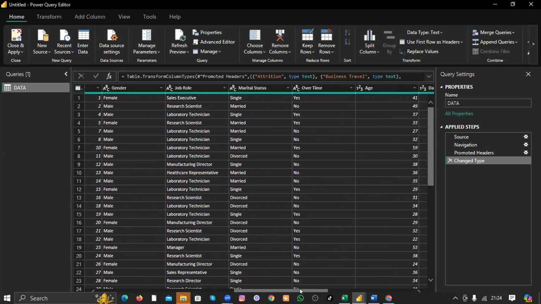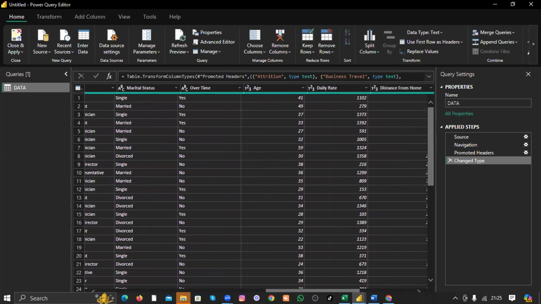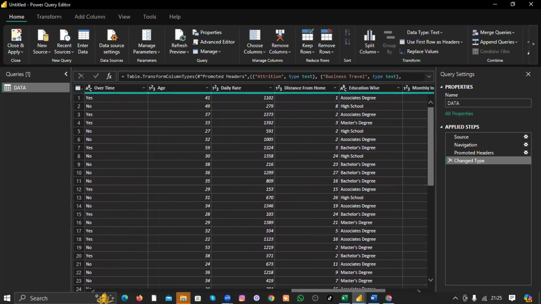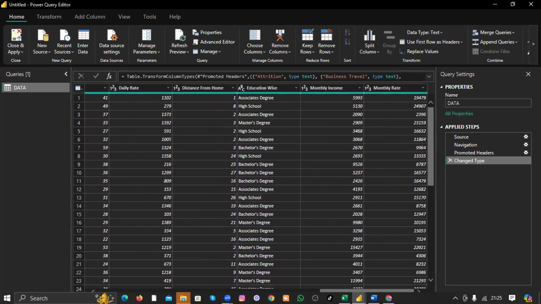Marital status single, text is correct. Overtime is correct. Age is number, that is correct. Daily rates, that is correct as well. Distance from home is numbers, correct. Education is text. Monthly income is numbers. Monthly rate is numbers. So this is all correct.